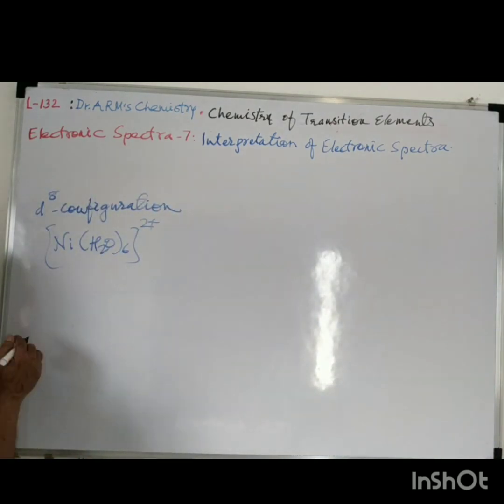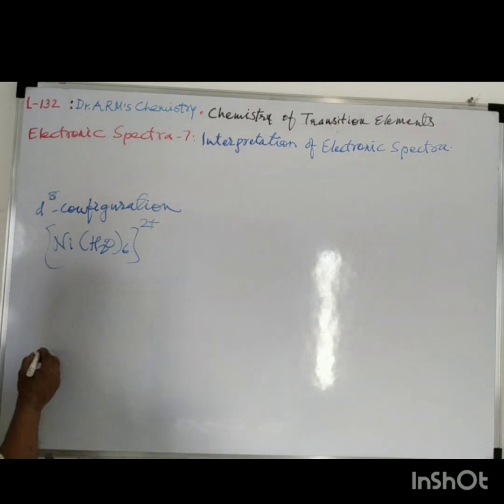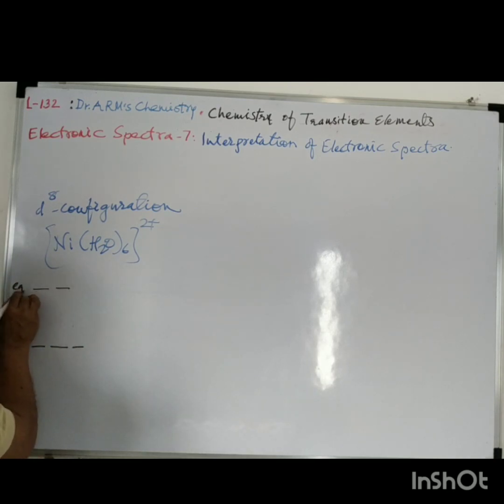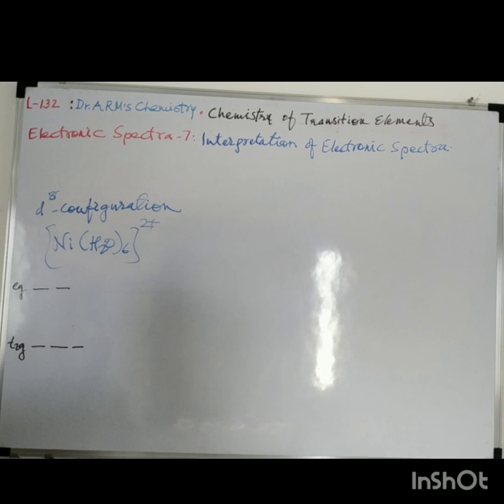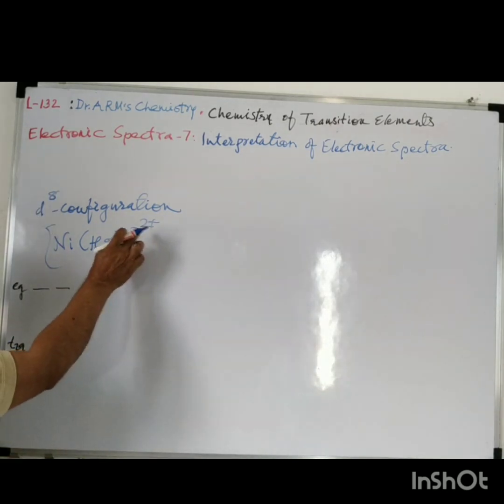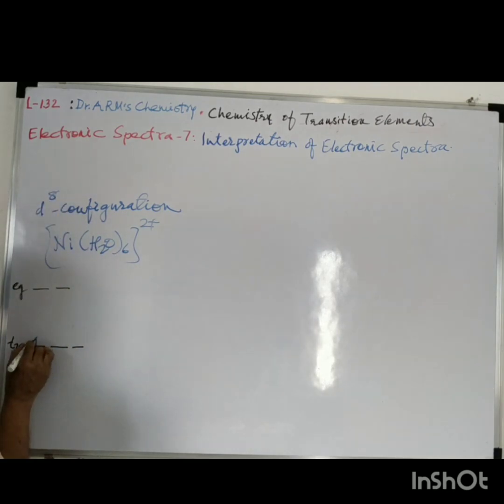So first of all, we will show the electronic configuration. Here these are the T2g levels, and these are the Eg levels. We have shown the electrons. There are 8 electrons, distributed in this way.